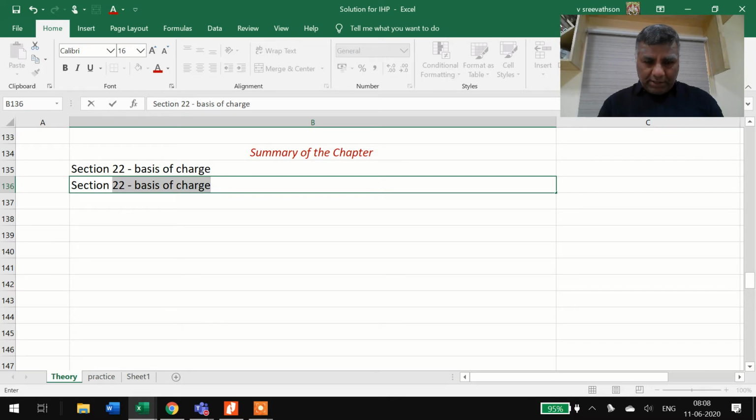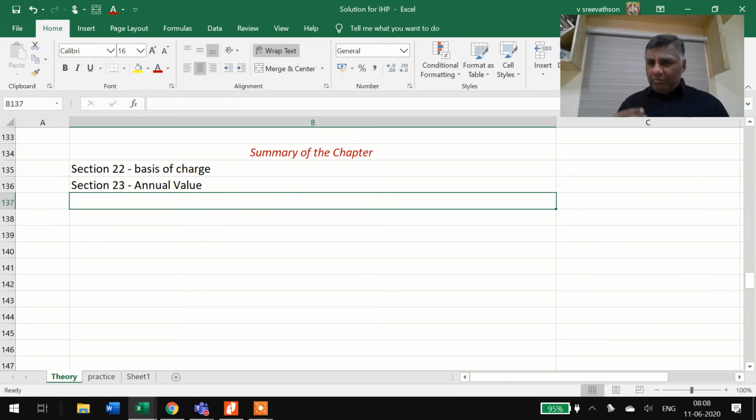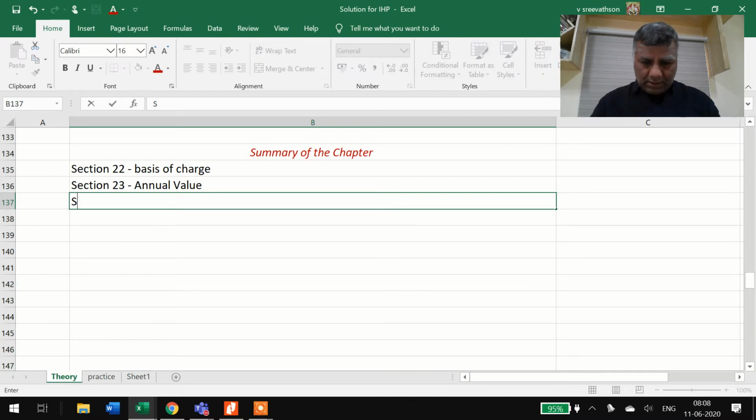Section 23, annual value. How to compute annual value, the various cases we saw. Section 24, deduction.